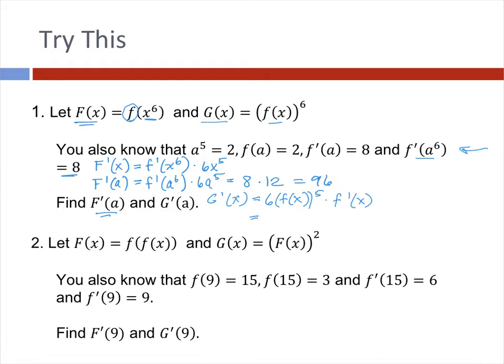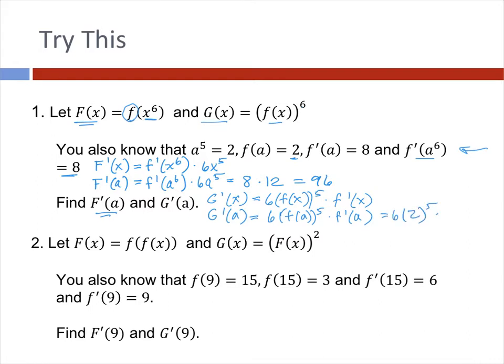So let's see what we know. g prime of a is equal to 6 times f of a to the fifth, and then times f prime of a. So we were given some information above. f of a is what? 2. So let's plug that in. So we get 6 times 2 to the fifth.